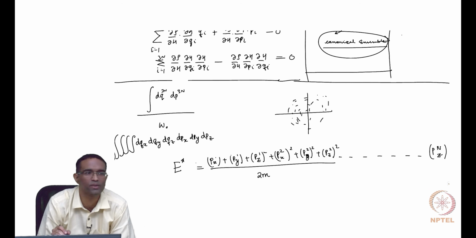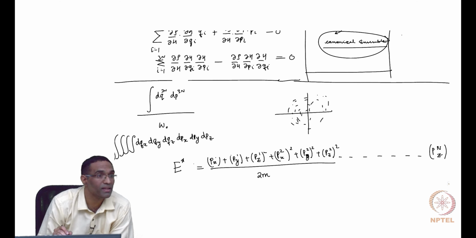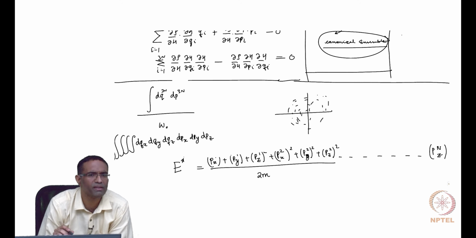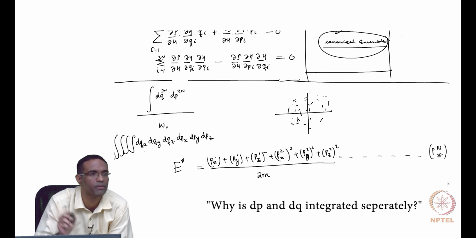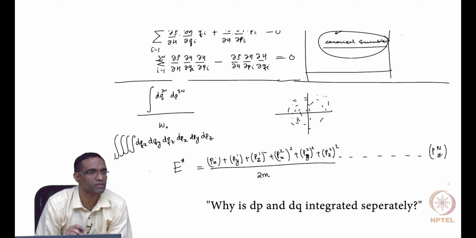You're not convinced that you can split it? Split it into three parts. dqx, dpx can be split separately. The x components, the y components can be split. Why? Because of the interdependence between those two elements? No, now in Hamiltonian formulation, q and p are independent variables. That is the whole idea of the Hamiltonian formulation. Right?